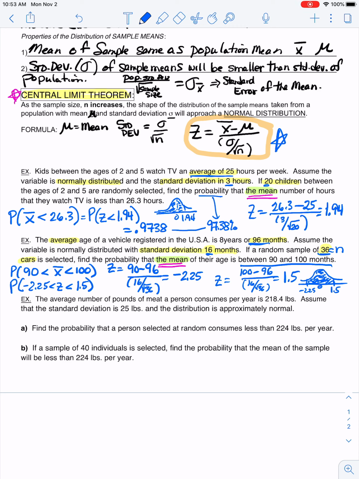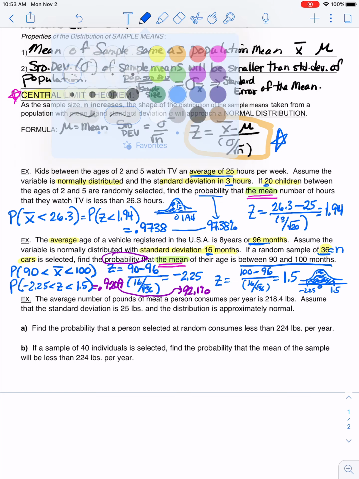Using your calculator to find that area, I came up with 0.9209, or you could say it's about 92.1%. That would be your probability.